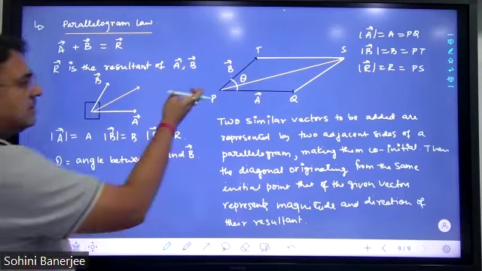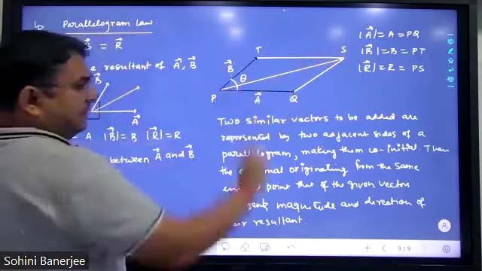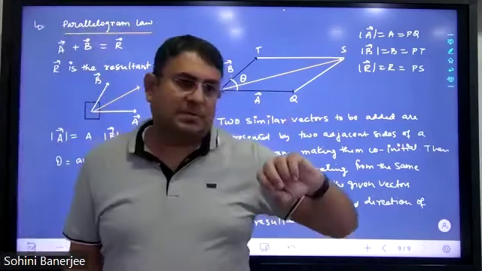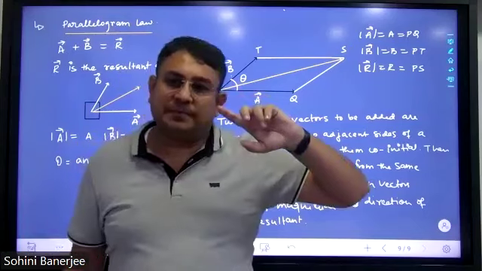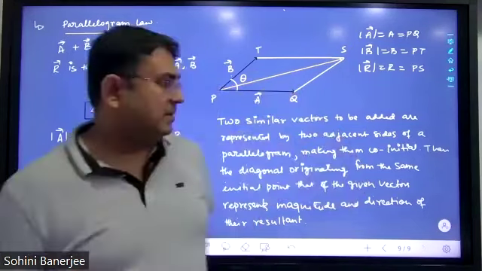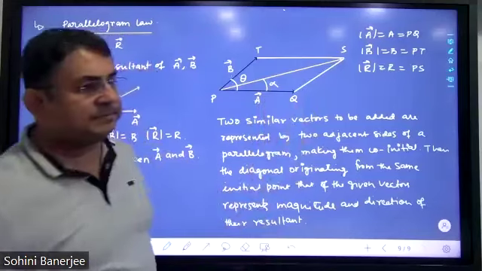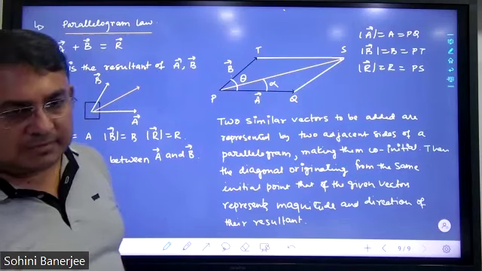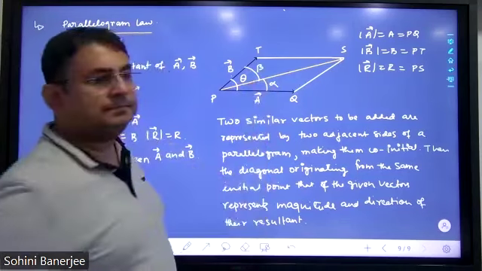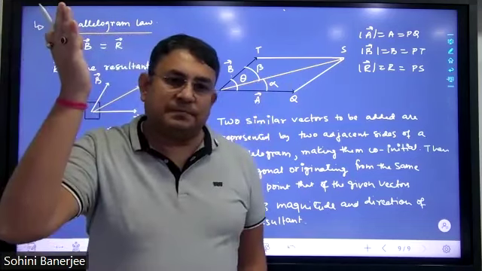And regarding the direction of the resultant, the given directions are A and B. So you know the directions of A and B. To get the direction of the resultant vector, you need to get the angle made by the resultant with either A or B. Any one angle will do. If you can find this alpha or beta, then you can get the direction of the resultant as well.